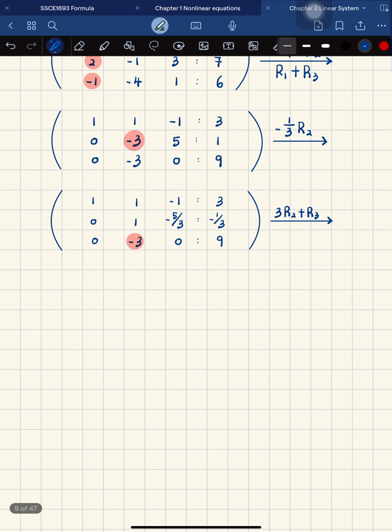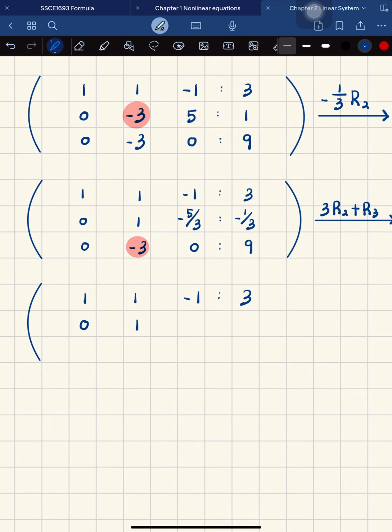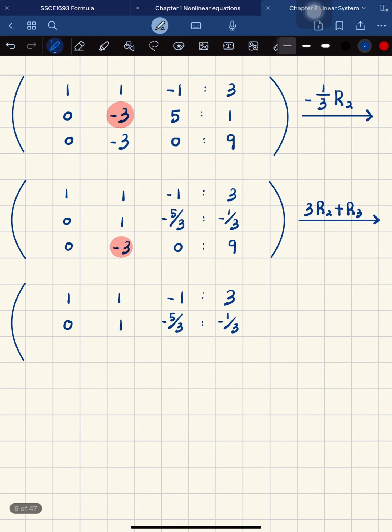Row number 1 and row number 2 are not affected, so you have to write back. So 3, 0, 3, negative 5, and then 3, negative 1, 8.